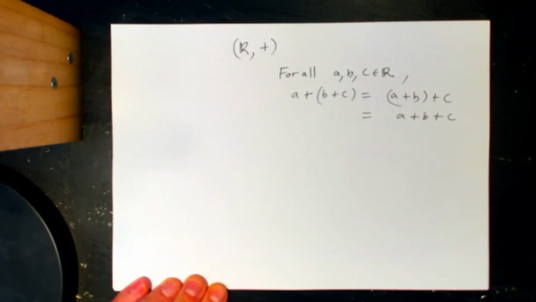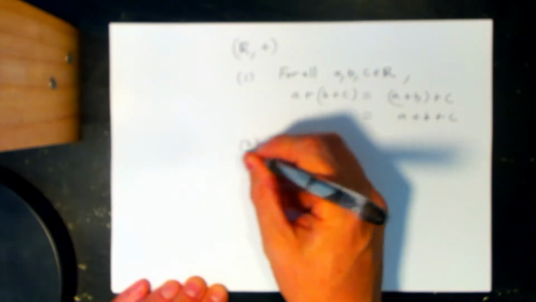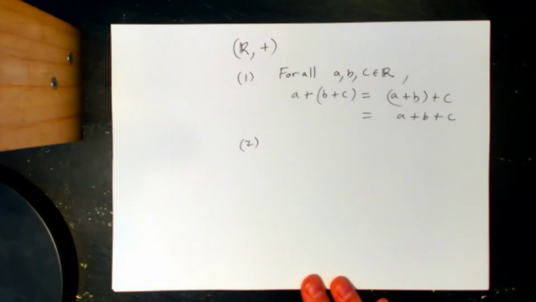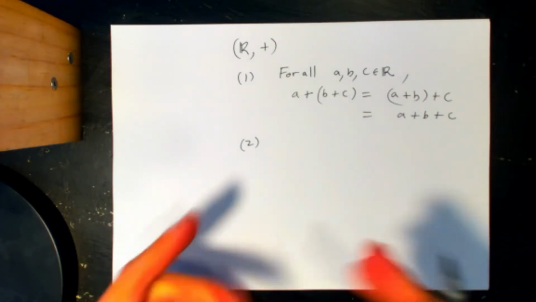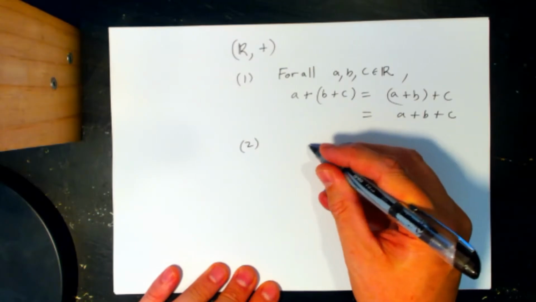Now, let's talk about the inverse of an element. So this is axiom 1. Associativity holds. Okay, axiom 2. There exists a neutral element of this set. And in this case, it's 0.